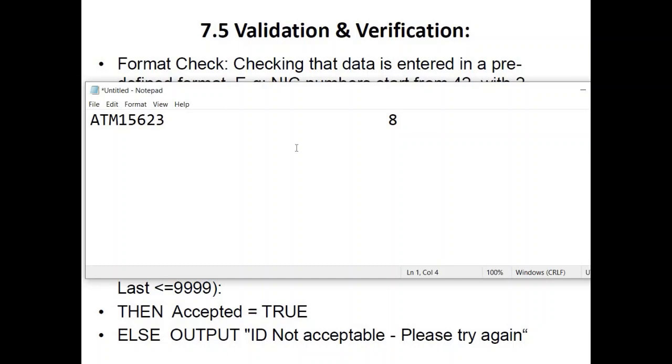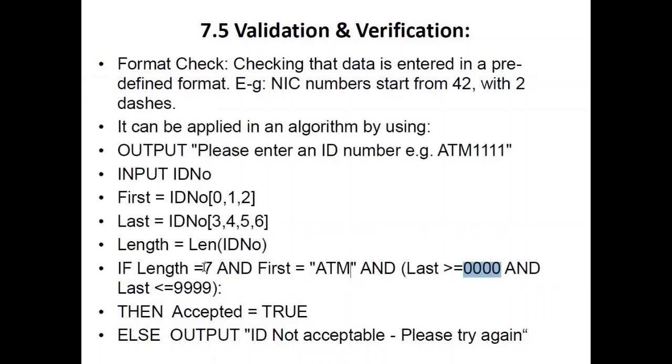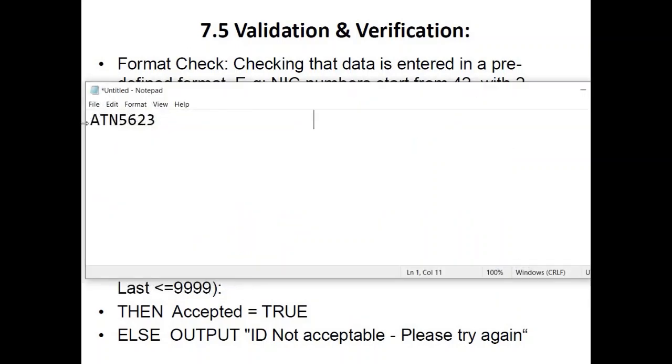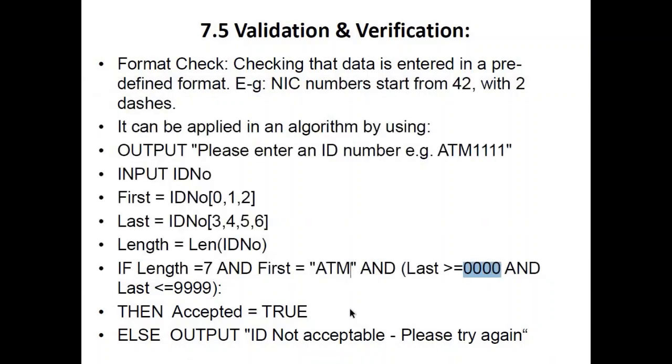Or if I have the length is 7 but instead of M I've mistakenly written N. That means it would pass the first check, the length is 7, but the first equals to ATM would fail. This is ATN. So that again you are going to have an error.